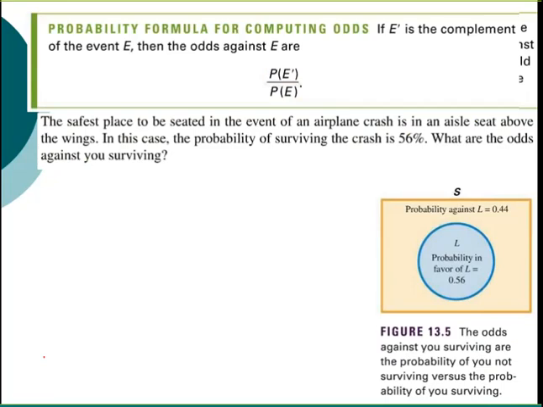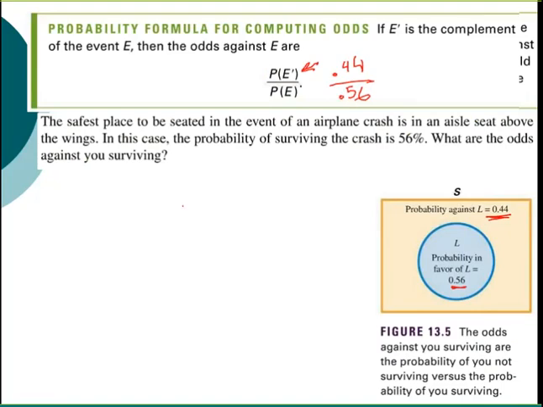So that's actually a more morbid look at it. To do this, we have to think about it this way. We've got 0.56 as the probability of you actually surviving. So 0.44 is the probability against you surviving. So we take our probability, 0.44, and divide it by our 0.56. And then that'll give us our odds against me surviving.